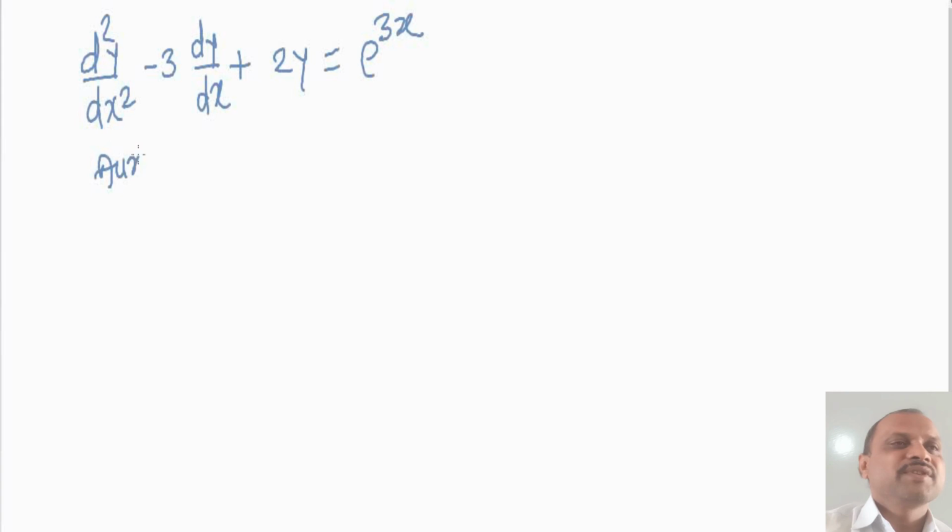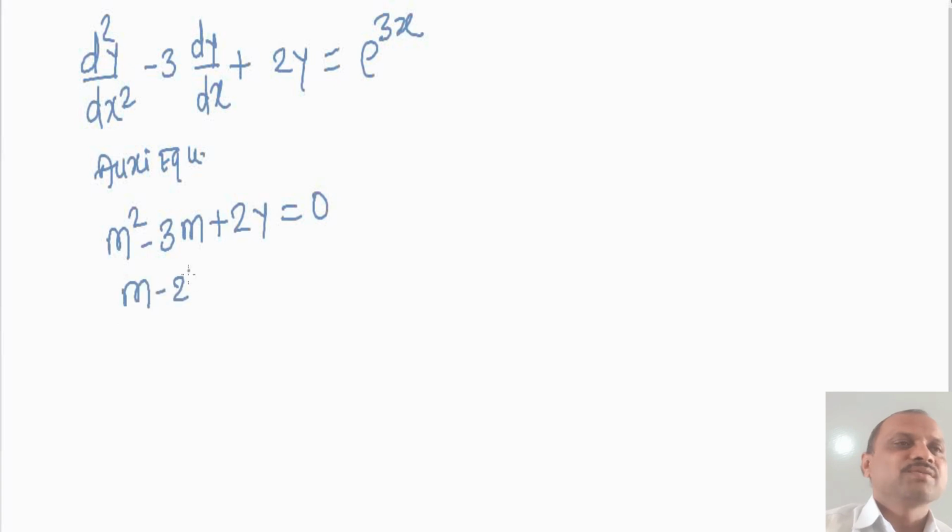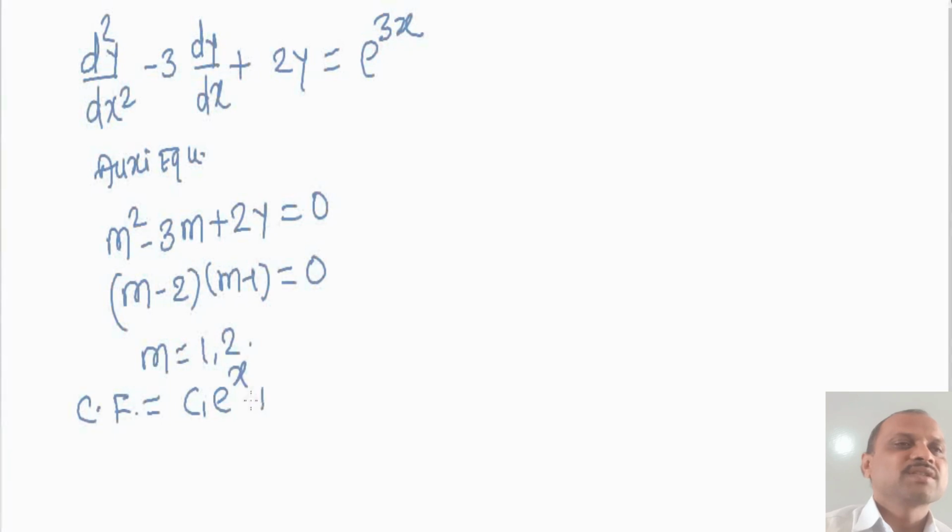What is the auxiliary equation? m square minus 3m plus 2 equals 0. m minus 2 into m minus 1 equals 0. m equals 1 comma 2. These are the roots. Hence the complementary function equals c1 e raised to x plus c2 e raised to 2x.